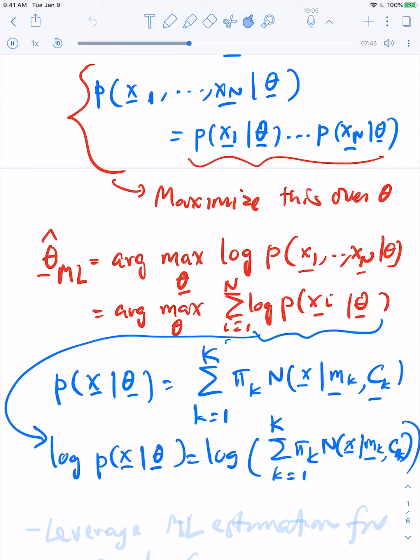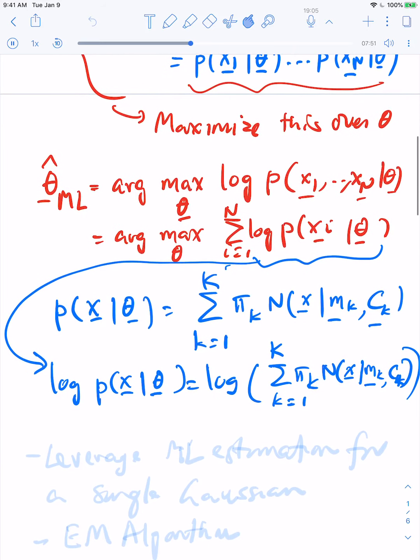So a direct maximum likelihood estimation is intractable here. On the other hand, estimating the parameters of data that we know is drawn from a single Gaussian distribution is easy. For example, if you told me that x1 through xn all come from a single Gaussian with a given mean and covariance, I know how to estimate them, and we'll talk about that in a minute.